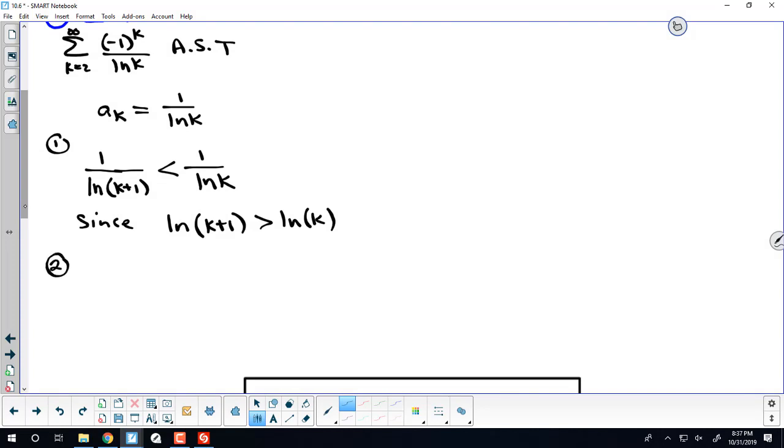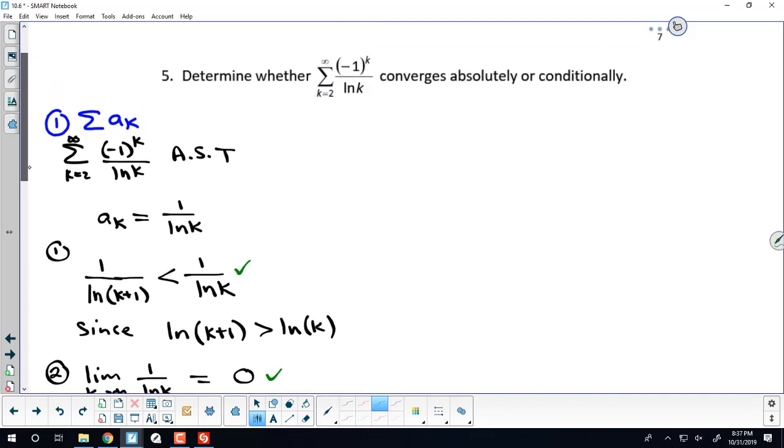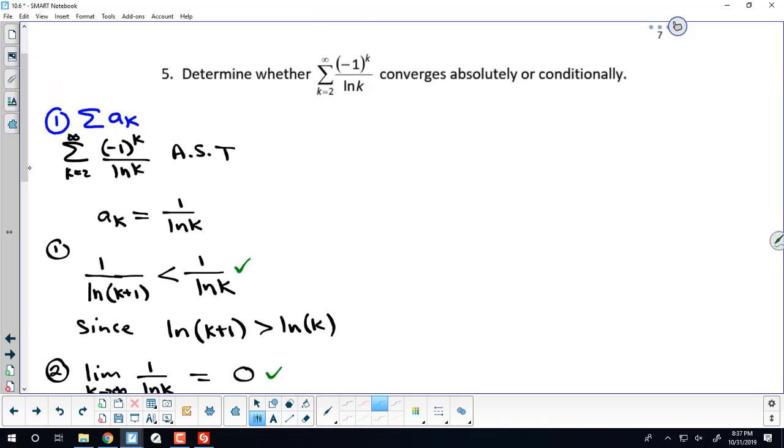And the limit on that term: one over something arbitrarily large gets arbitrarily small. So both of those conditions are met, which tells us that the original given series, the alternating series itself, is convergent.